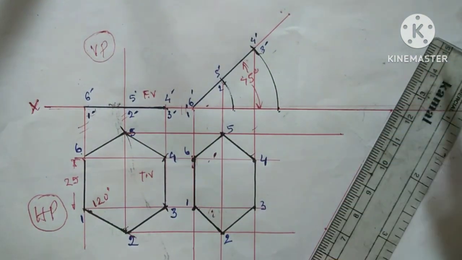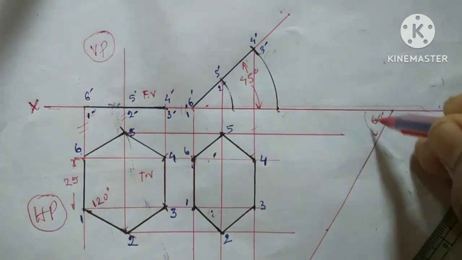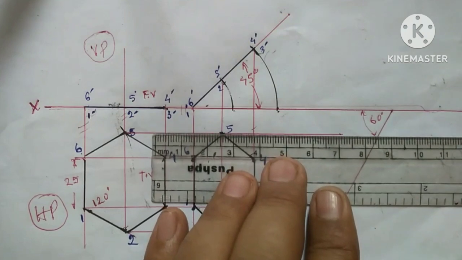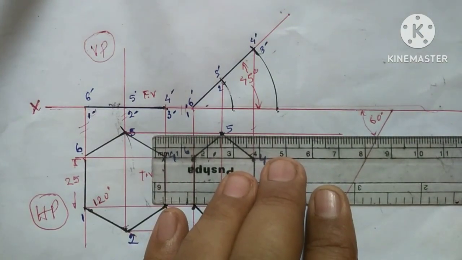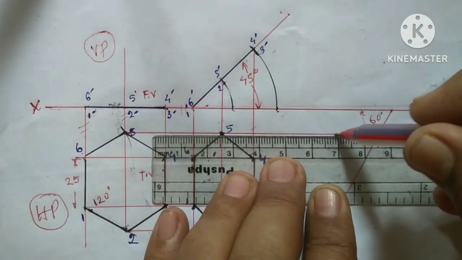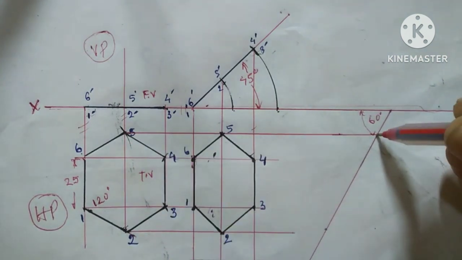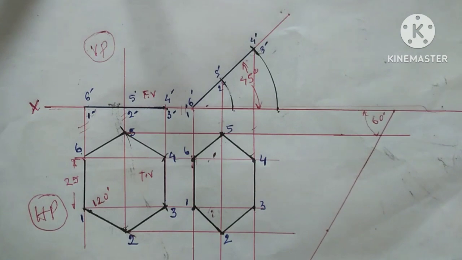So at first draw the 60 degree angle with the XY ground line. Now we have to replace this previous top view on the 60 degree angular line. For this I will do just like a copy paste.